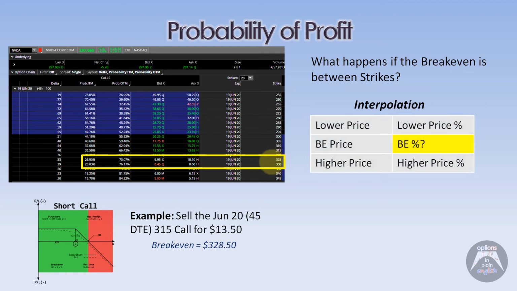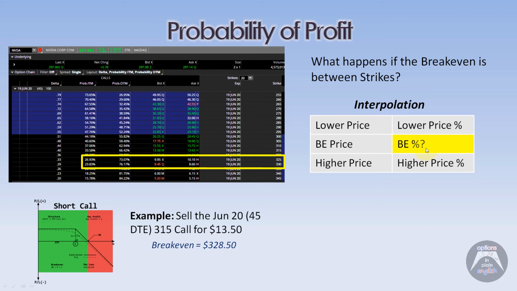In this case, we have the lower price, the break-even price, and then the higher price, and you have a lower price percentage. This one is known. A higher price percentage. This one is known right here. And what we want to find out is what the break-even percentage is.